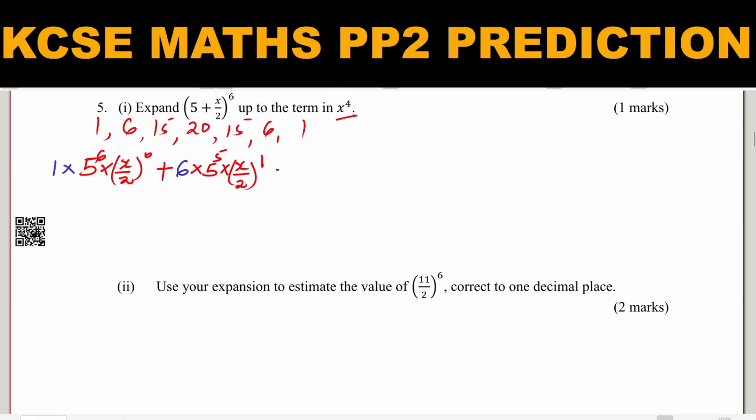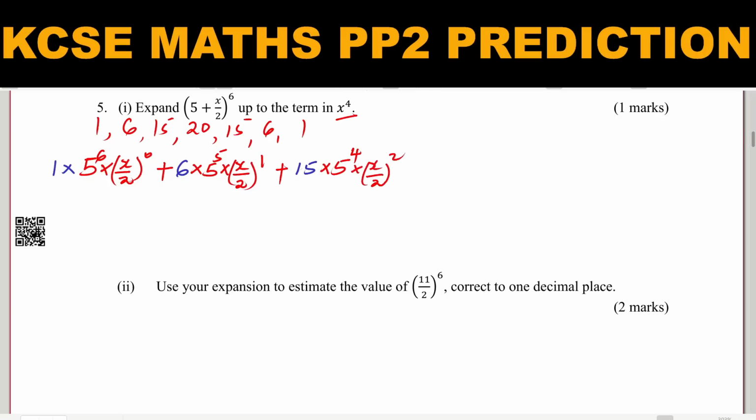The third term: the coefficient is 15, times 5 raised to power 4. You can see 5 began from power 6, and it is reducing, then power 5, then power 4. The second term starts from power 0, then increases to power 1, and now it will be power 2.